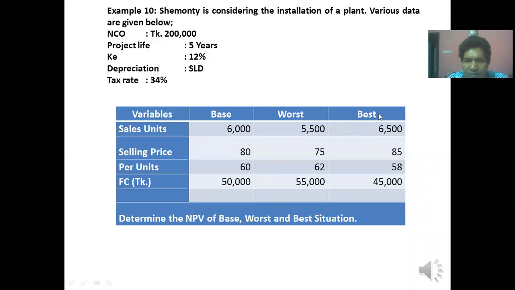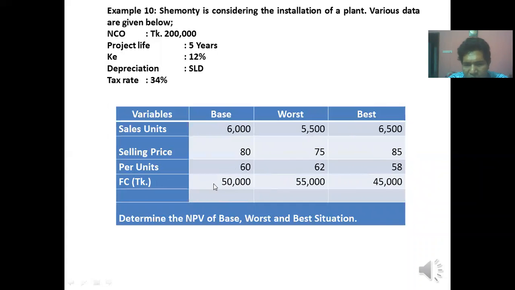Three situations. Variables are sales units. We can see 6,000, 5,500, and 6,500. Selling price per unit taka 80, 75, and 85. Variable cost per unit taka 60, 62, and 58.